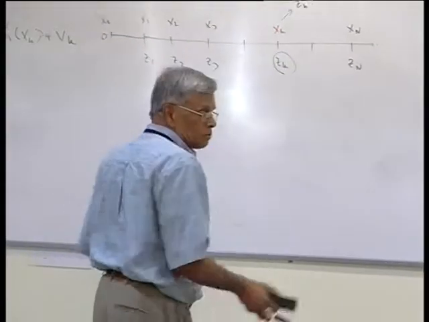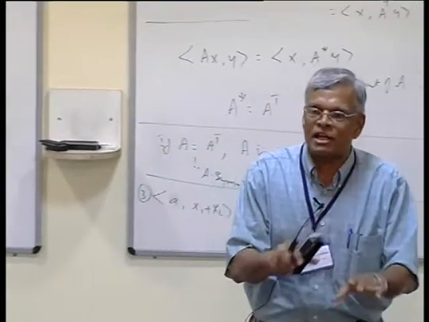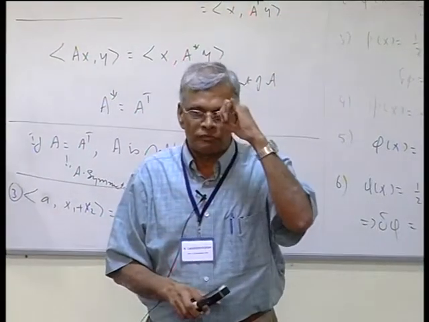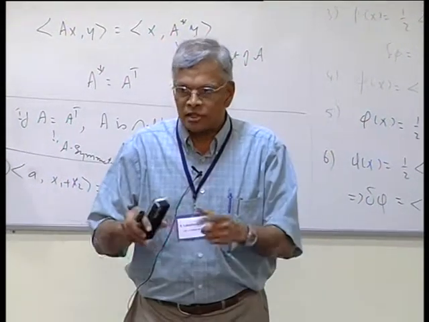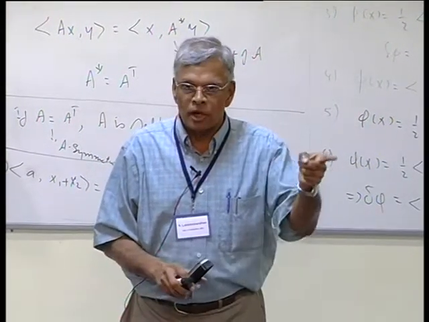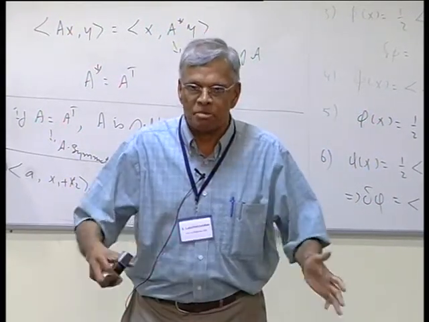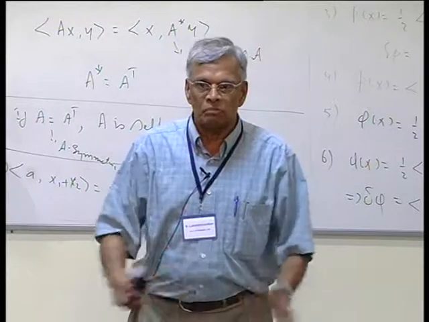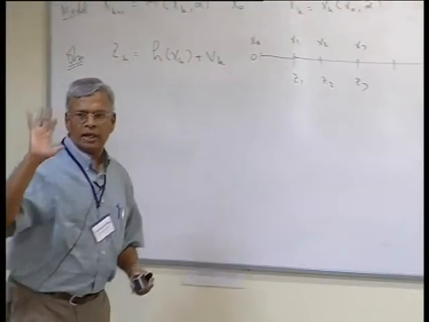What is the difference between smoothing, filtering, prediction? I plan to define it formally when I do the Kalman filter. So let's take for granted this is called a smoothing problem, and this is not the first time you are hearing this. You heard this Monday morning, bright and early, first lecture, Chris talked about the smoothing problem. Are you with me? Is the statement of the problem clear enough?